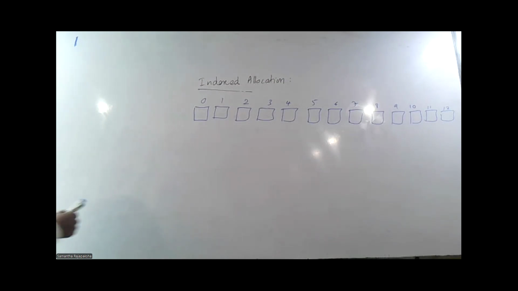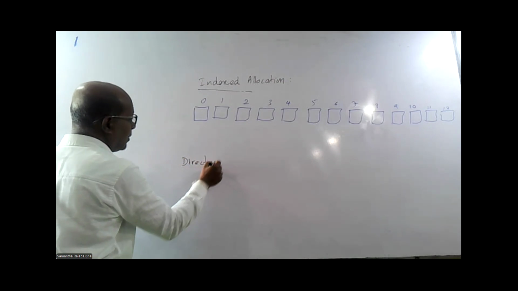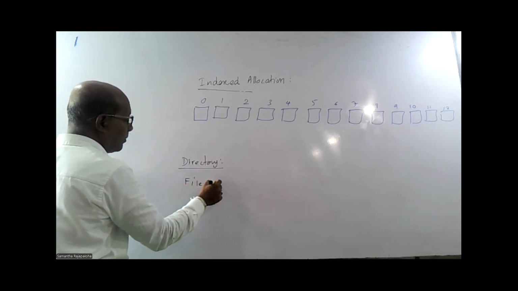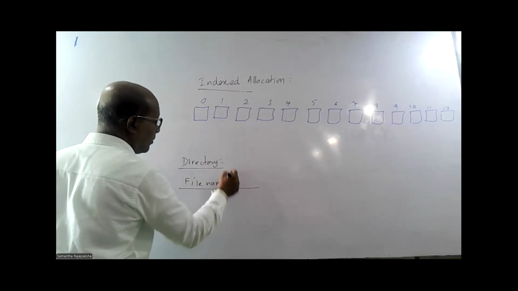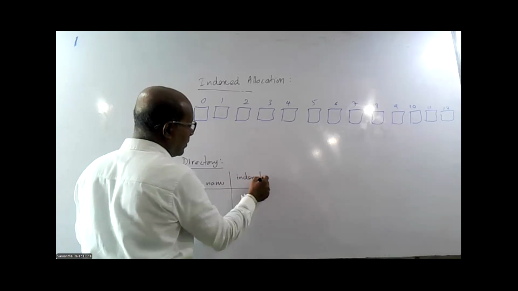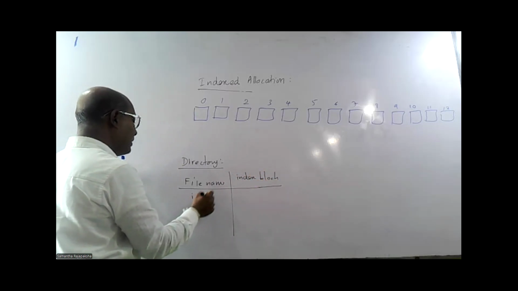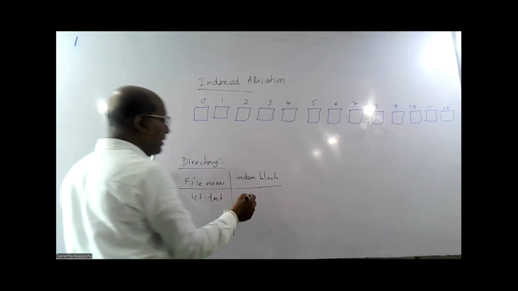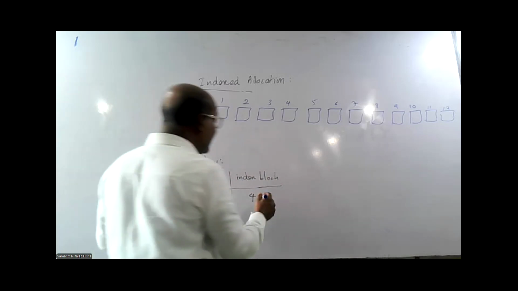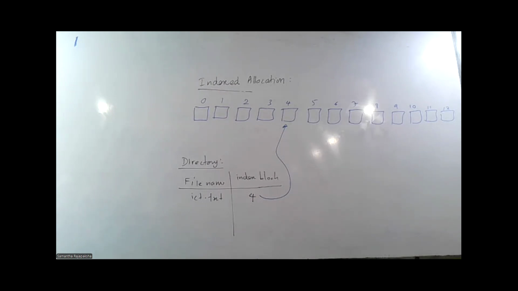Now in the directory, we store the file name and the index block. Let's say file name 56 and index block, let's say the fourth one. It says the fourth one is the index block.